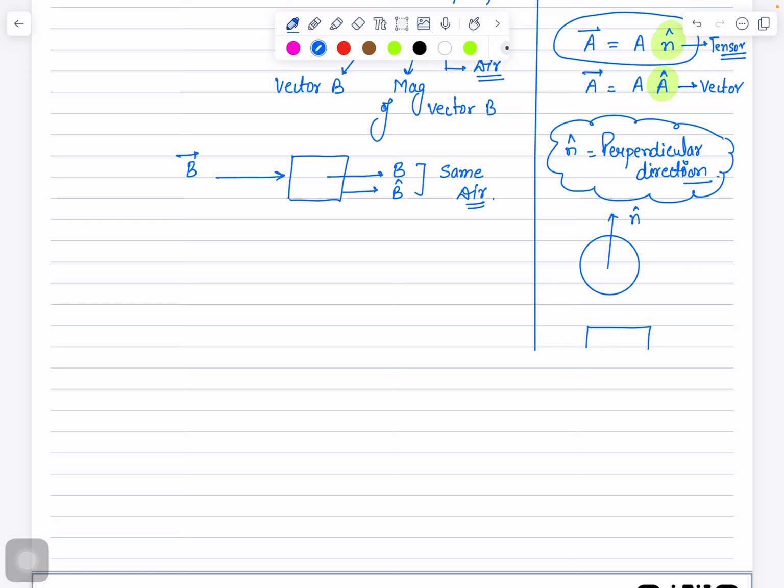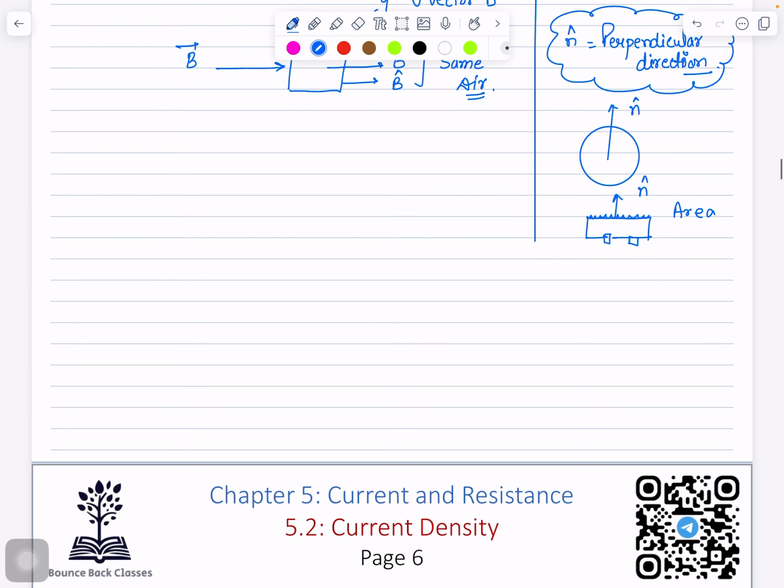Let's say this is your table. This is the surface, right? This is the area. So where should the n cap be? It should be upward. Clear? Another example, because you should know the basics of all these things.